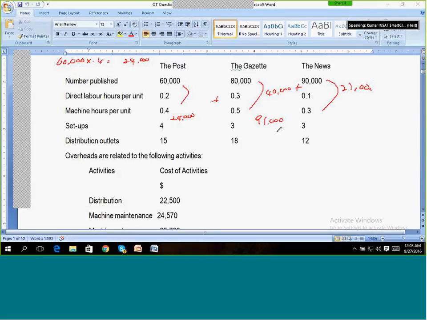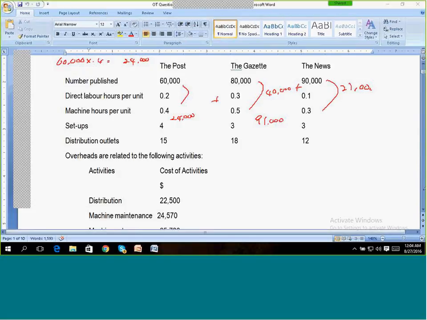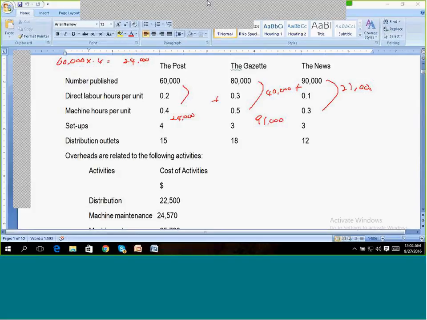So keep this 91,000 figure. You know how you got the 91,000 figure, right?